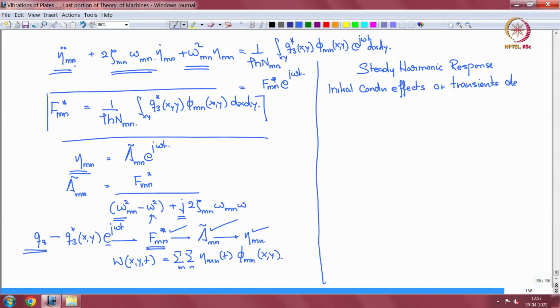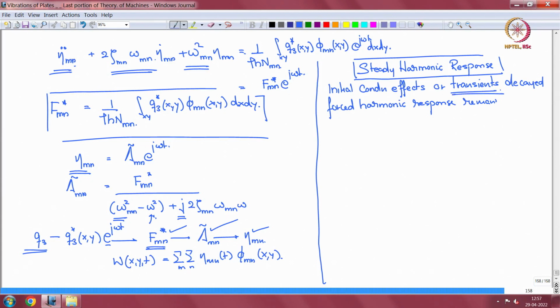Okay, decayed away, and forced harmonic response remains. That steady state harmonic response. So that's important, okay, because it's some reasonable small damping. The initial or transients die away quite quickly. Then we are interested in this steady harmonic response. Okay, so that's the angle from q3 to eta mn. Once eta mn is known, the response is known.